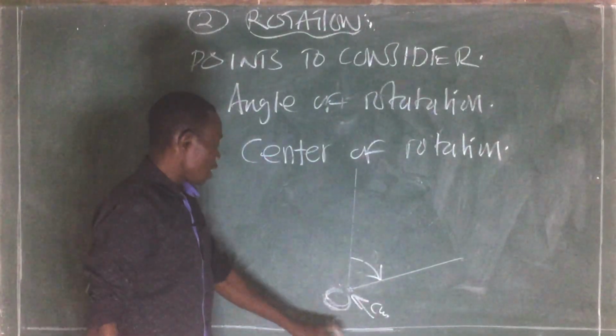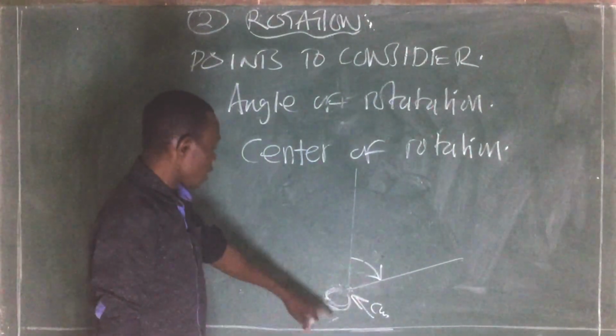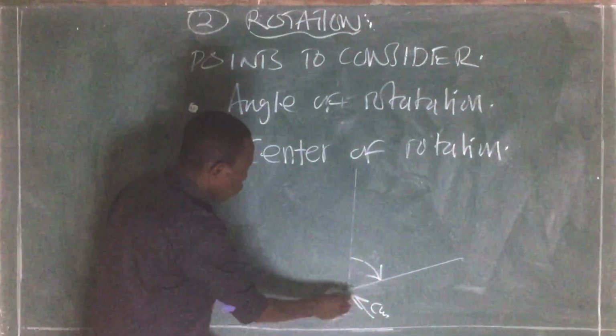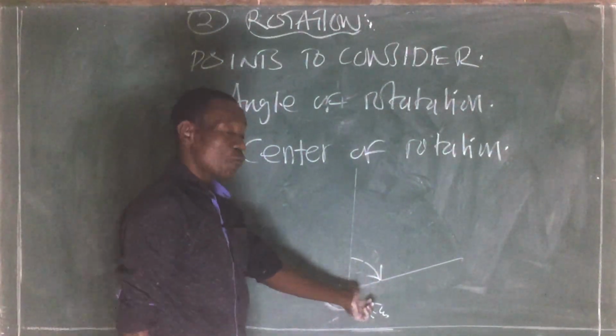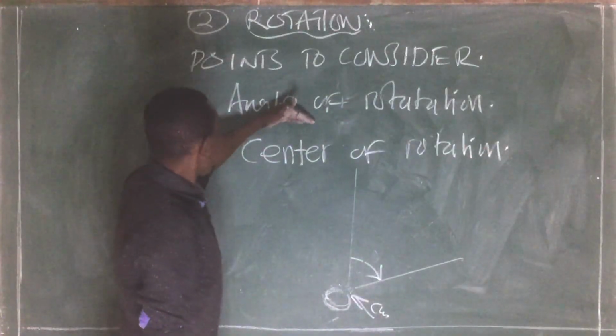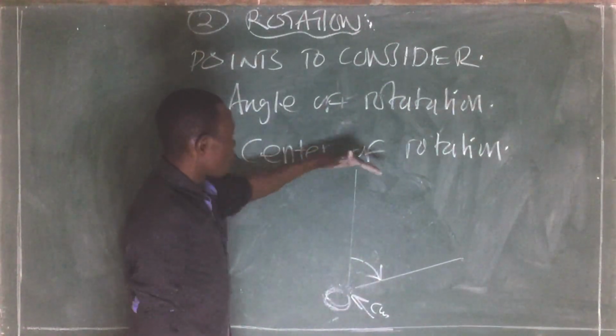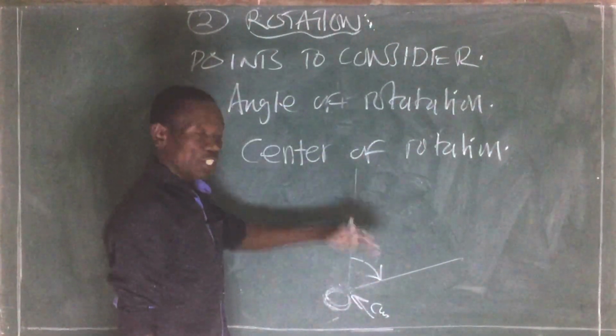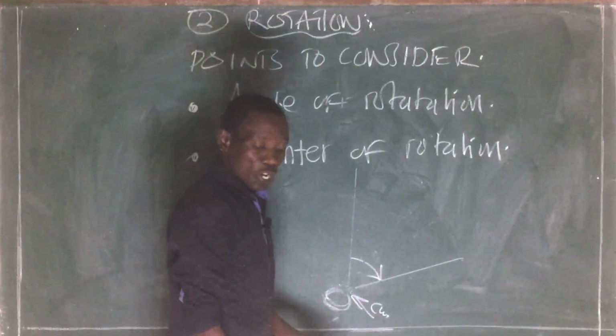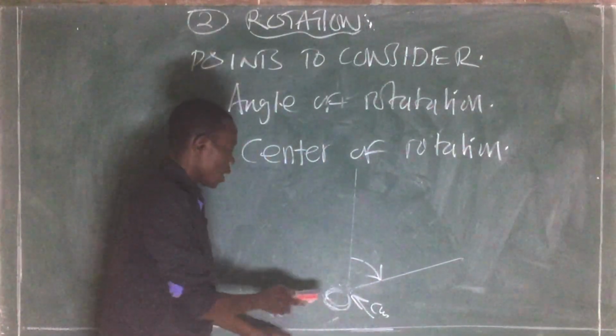In this activity, we can realize that the protractor was turning about O. So O is considered as the center of rotation. So angle of rotation and center of rotation are very important issues to be known each time we consider rotation.